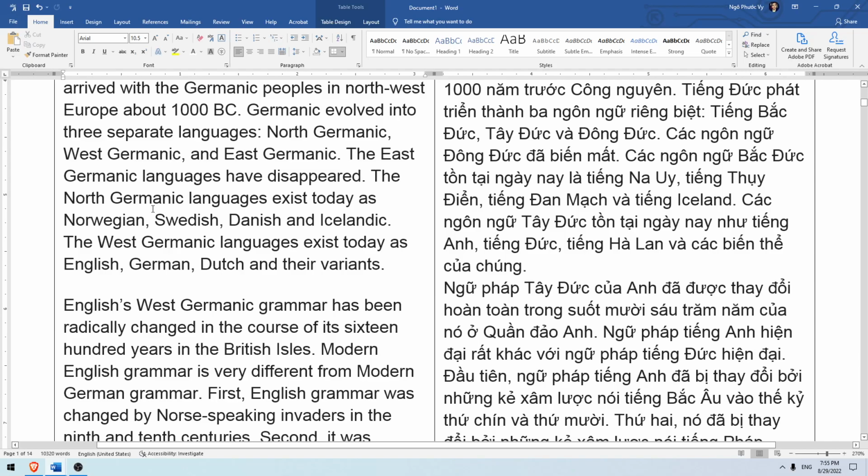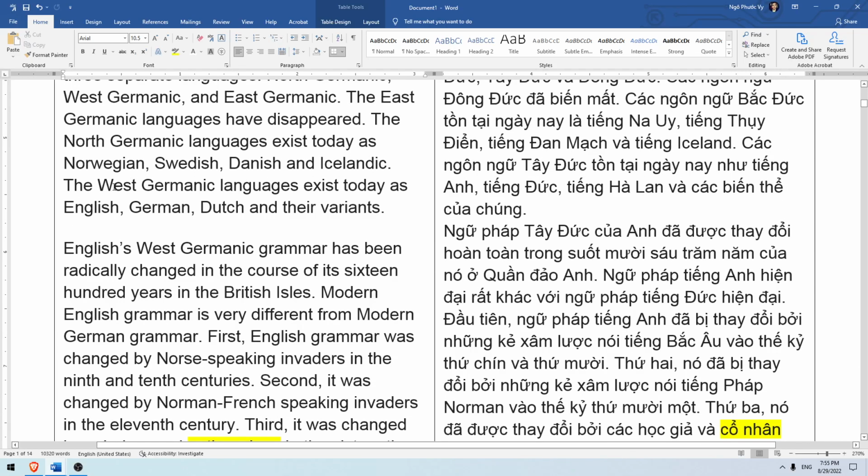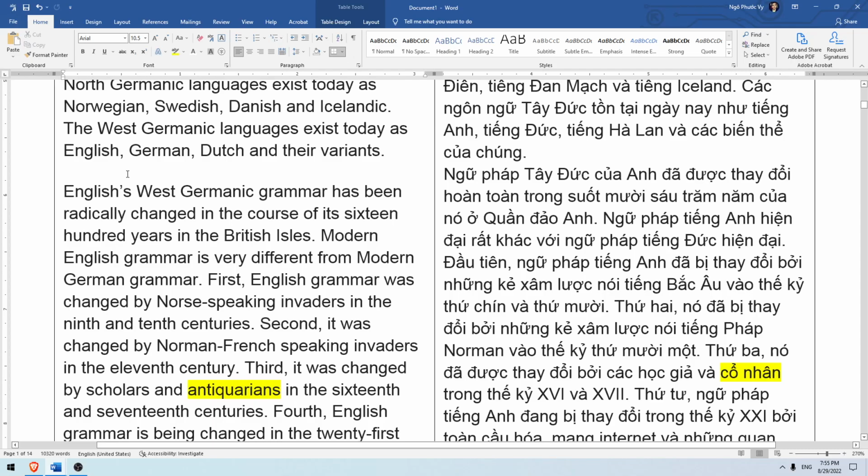The North Germanic languages exist today as Norwegian, Swedish, Danish, and Icelandic. The West Germanic languages exist today as English, German, Dutch, and their variants.